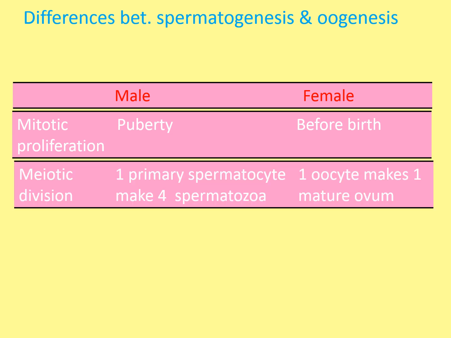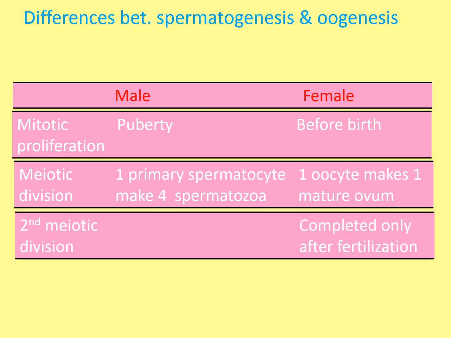Second is the meiotic division. At the end of the second meiotic division, in male, one primary spermatocyte makes 4 spermatozoa, while in female, one oocyte makes 1 mature ovum. At the end of the second meiotic division, in male there will be spermiogenesis, meaning maturation.